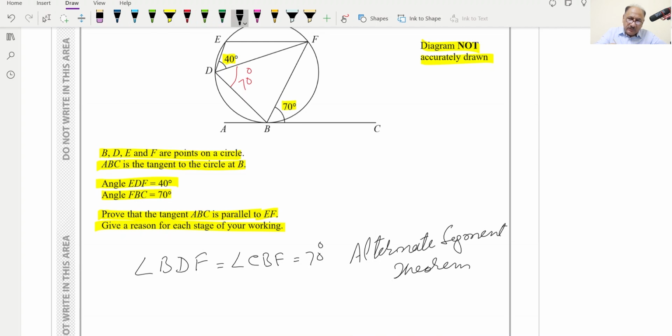Now, for the next step, we know that this angle, which is basically starting from this to this one, which is BDE, is opposite to this angle EFB. So they will add up to 180 degrees. So opposite angles of a cyclic quadrilateral add up to 180 degrees.